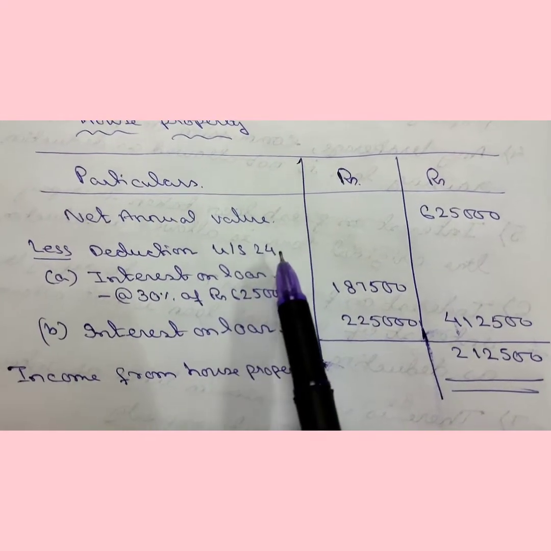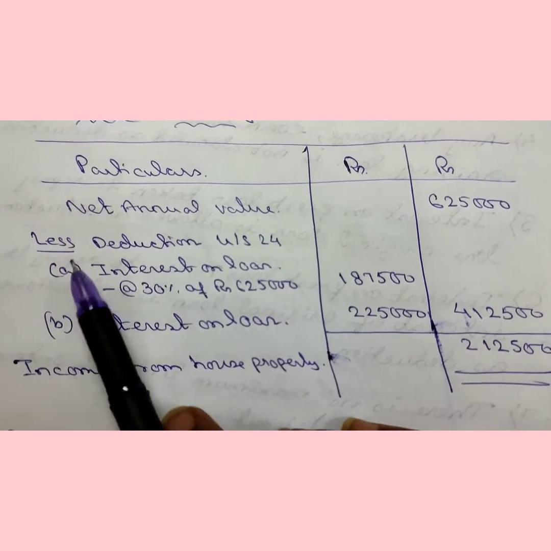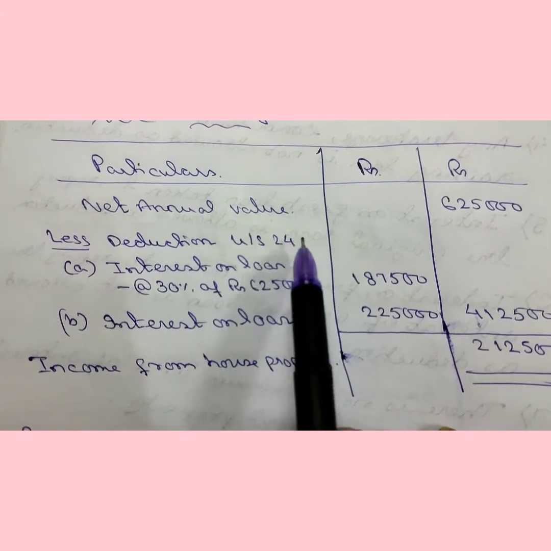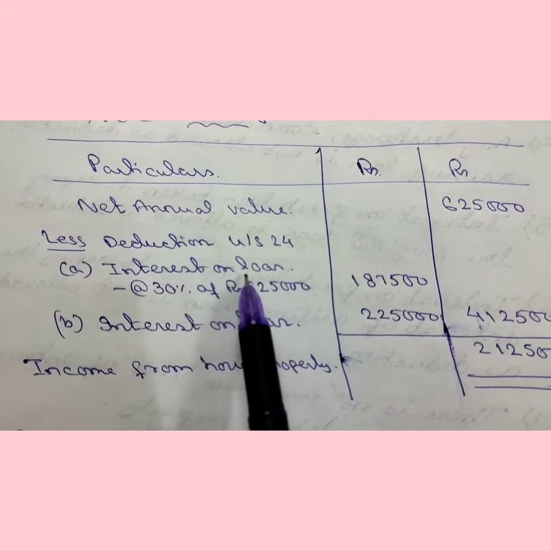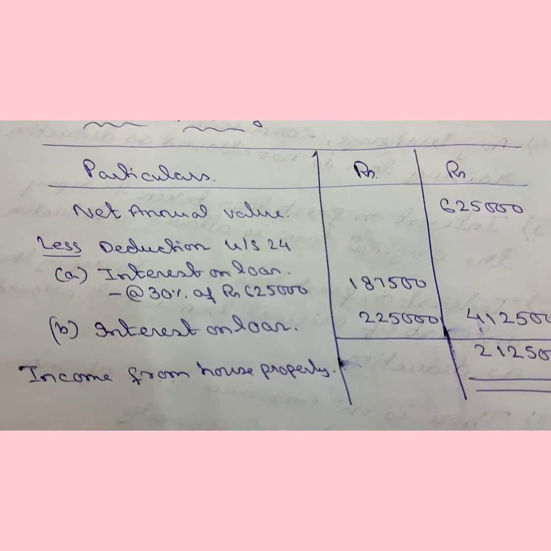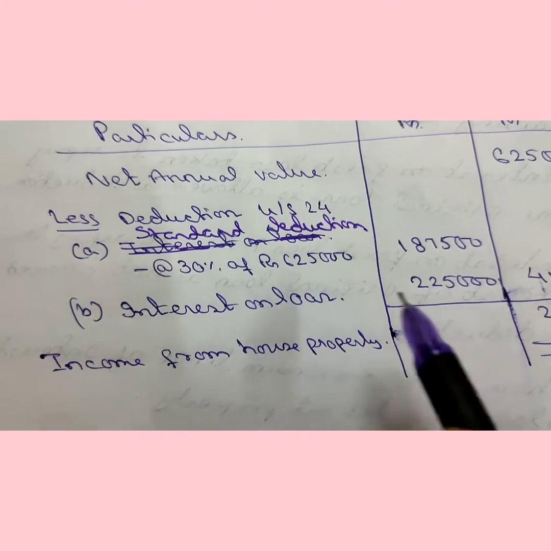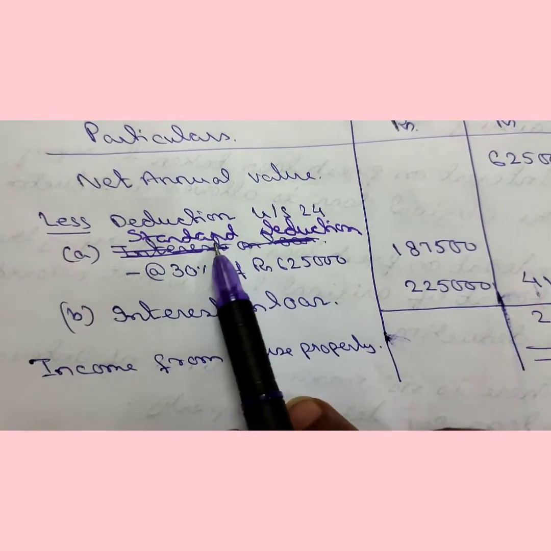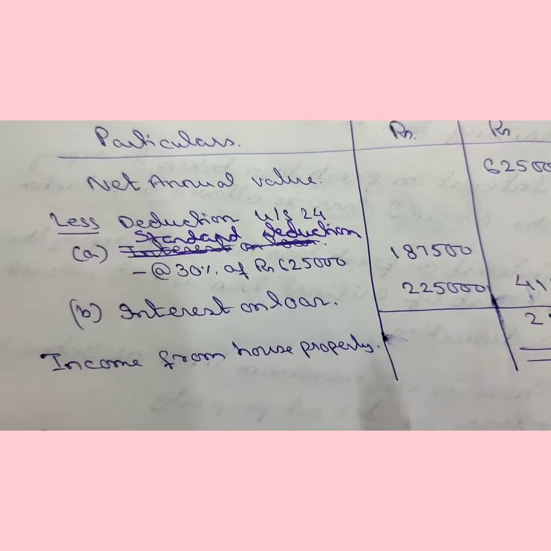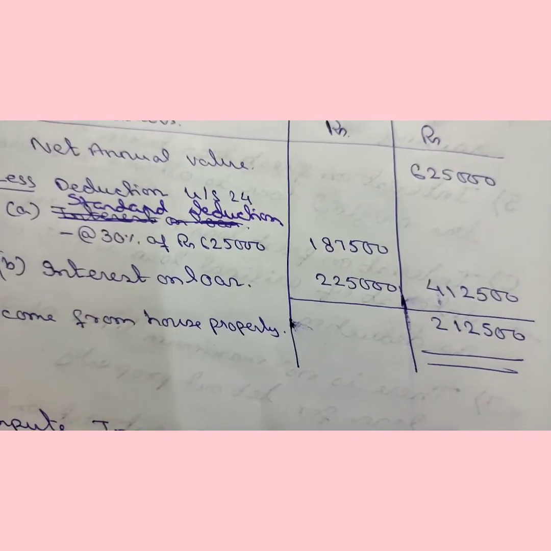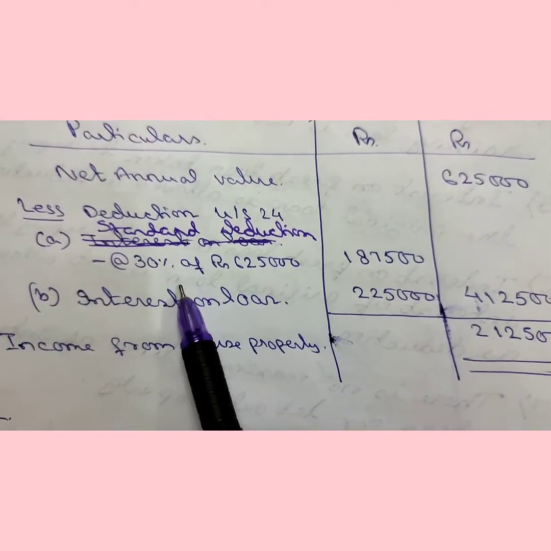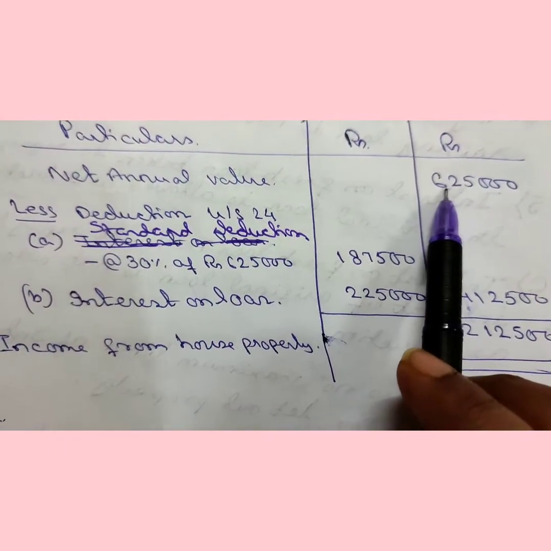The deduction is under section 24. First deduction, section 24A. First deduction is standard deduction, and standard deduction is at the rate of 30% of annual value, net annual value.